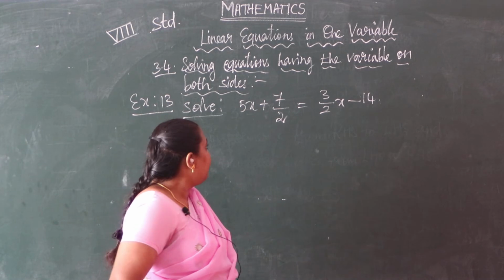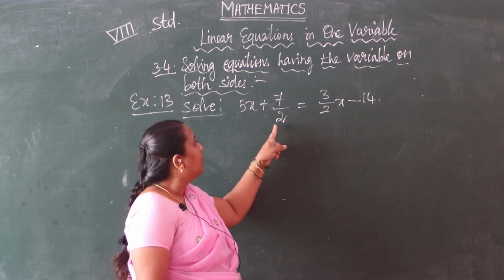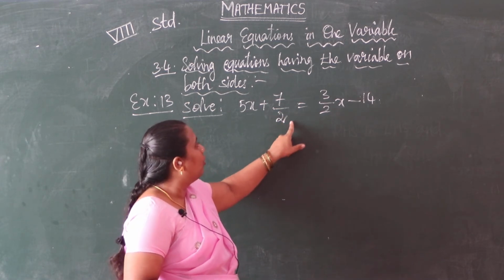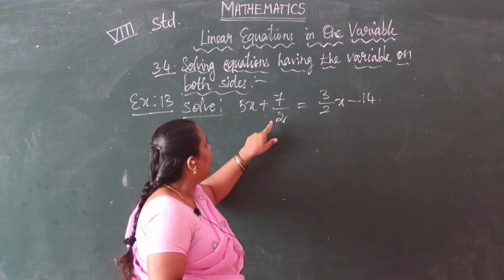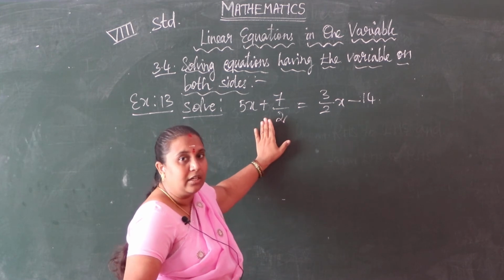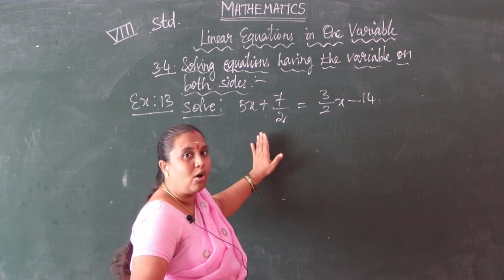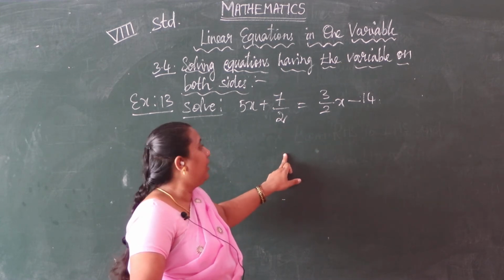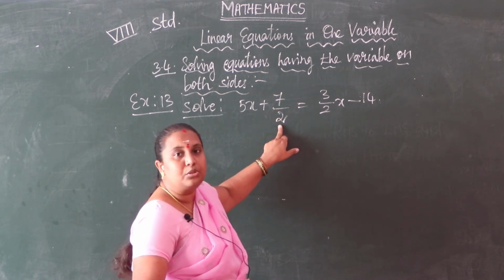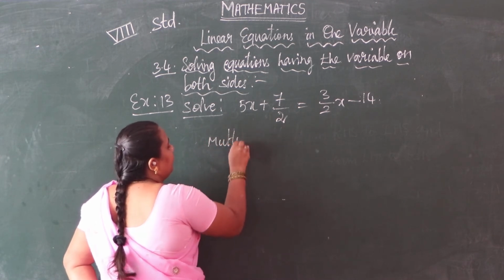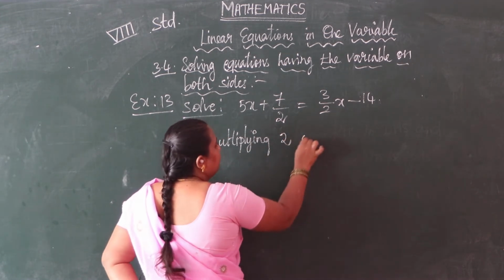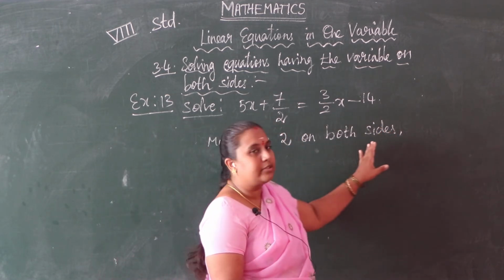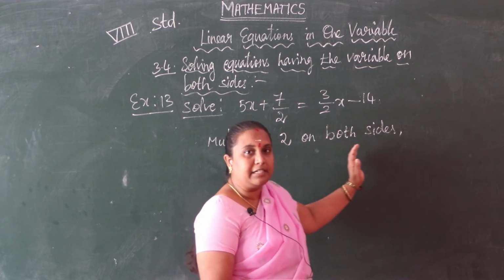So first, multiplying 2 on both sides. Here we are multiplying 2 on both sides, which means each and every term should be multiplied by 2.